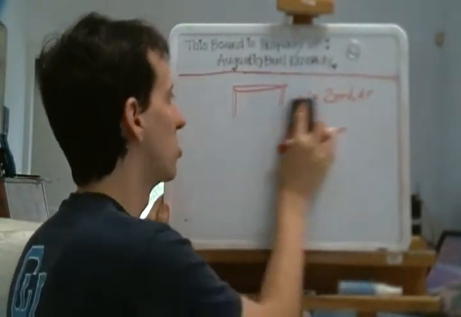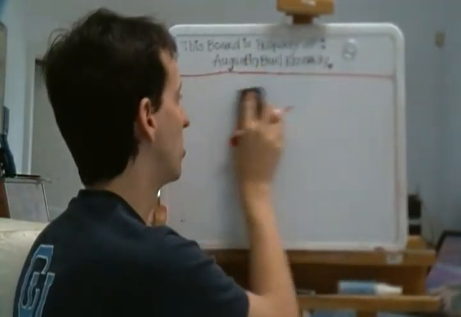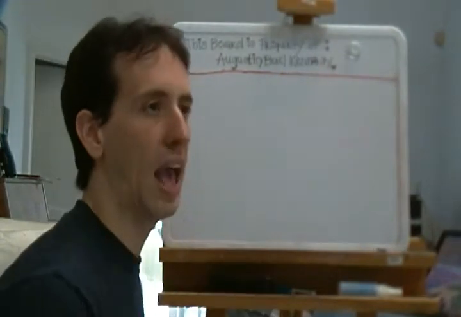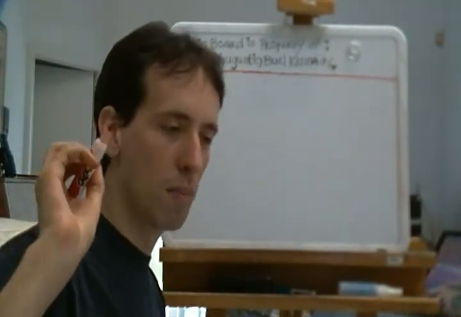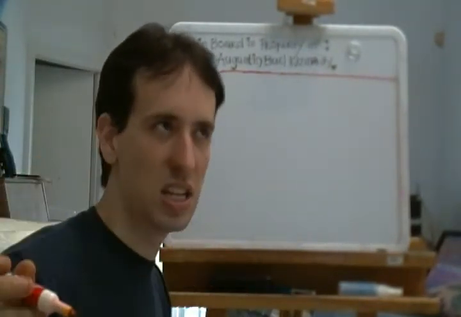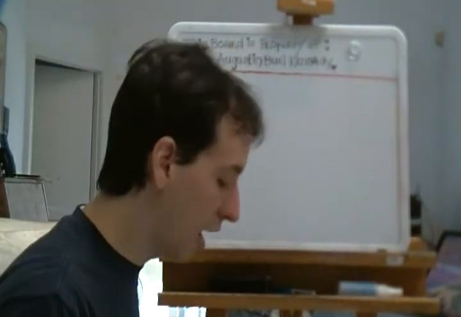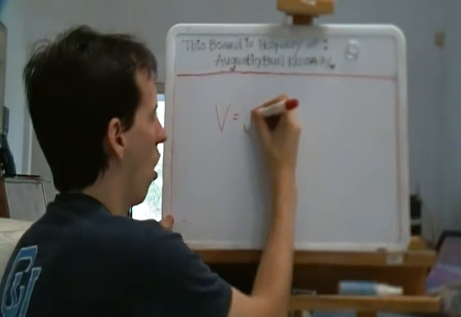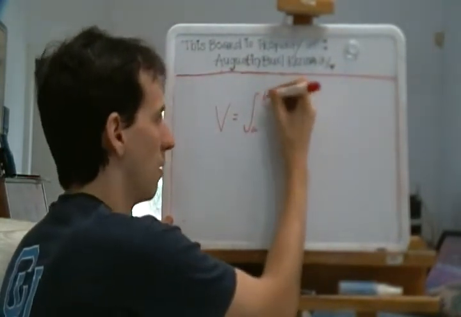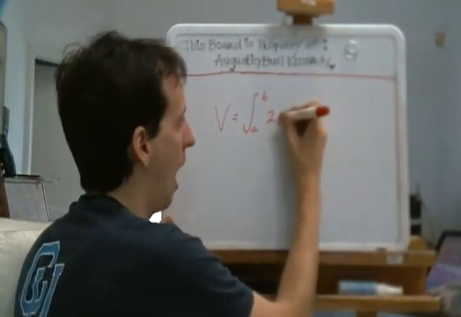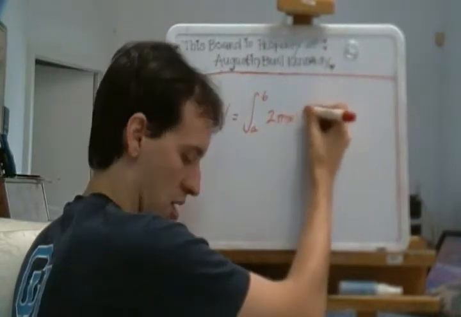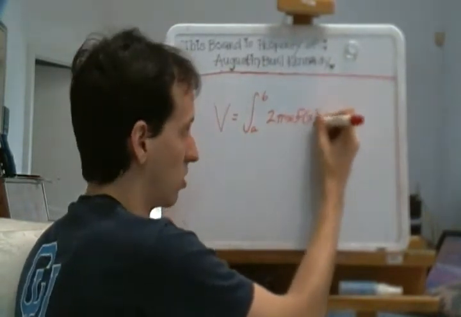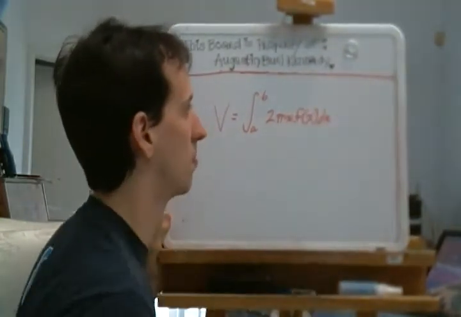So, as you might suspect, when we had a cross section that was a circle, we had the integral of pi r squared dx or dy. Here, if we're using cylinder shells, the volume is equal to the integral from a to b of 2 pi x f of x dx.